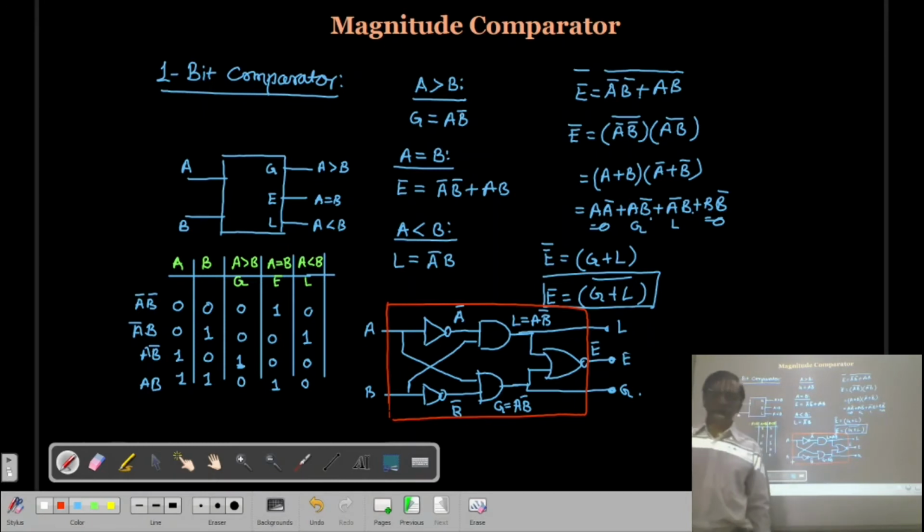Now we will discuss what a 2-bit comparator is. But for the 2-bit comparator, you should remember the expressions for G, E and L. Okay? So I will cut it.